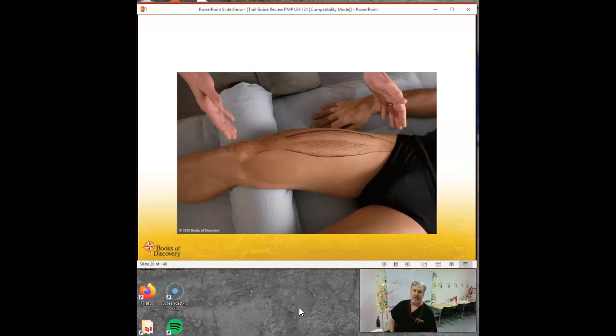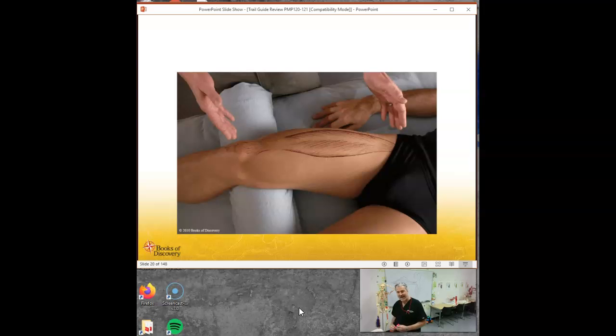Mr. Brown, what muscle am I looking at? That's the vastus intermedius, right? But you made an excellent guess. You made the best guess you could make. But it's not the vastus intermedius. It's a muscle that lays on top of the vastus intermedius. And what is that muscle?